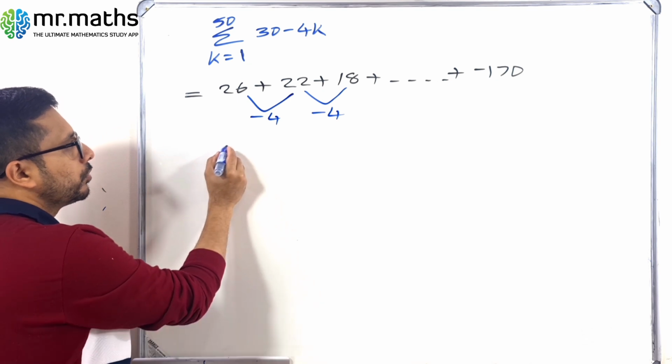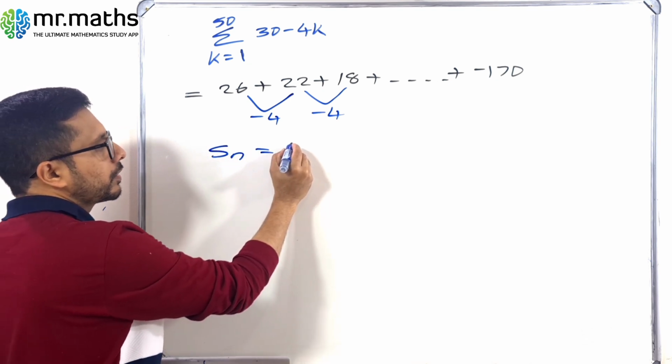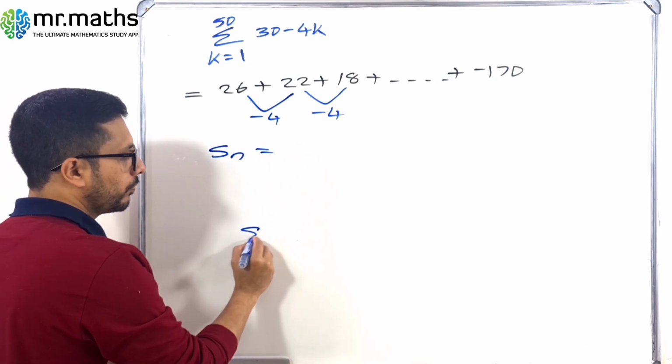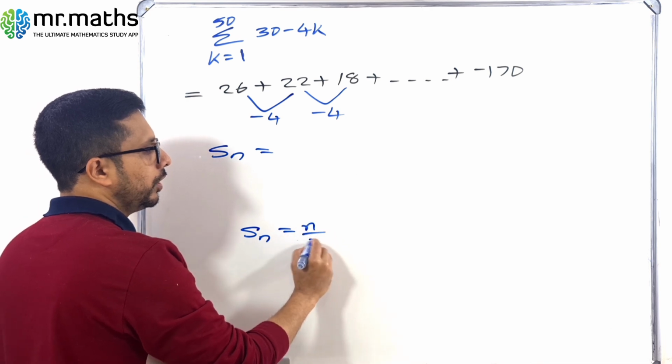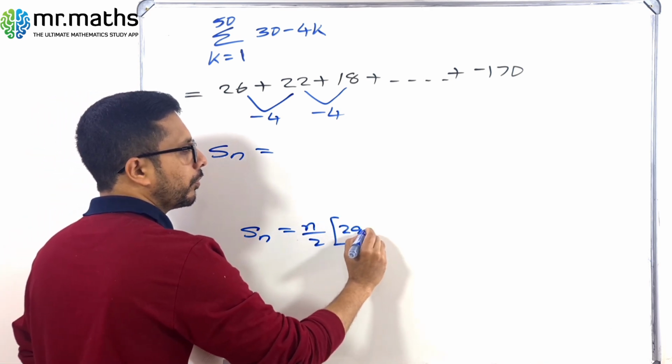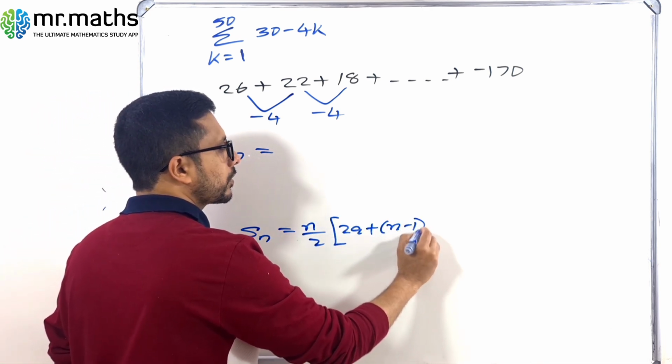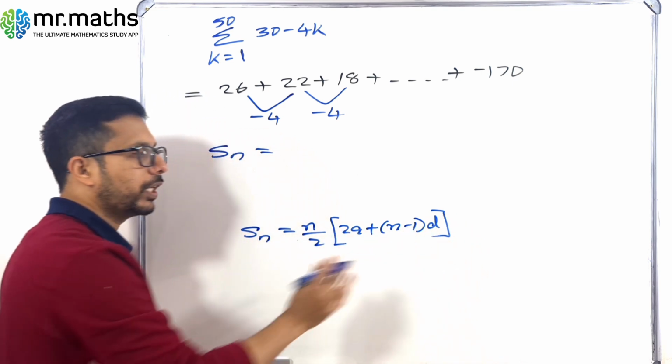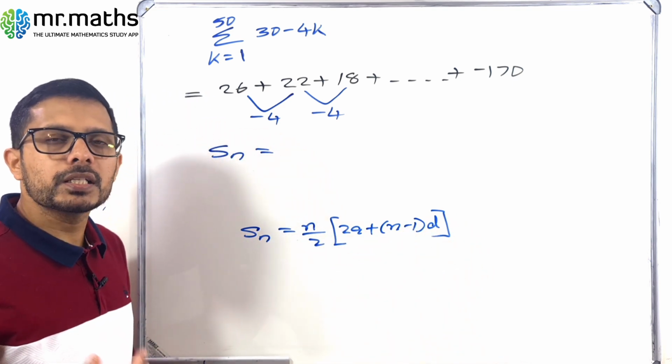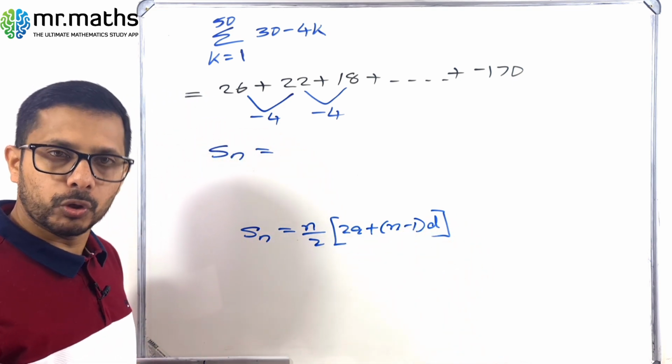So what is the formula to find the sum of an arithmetic sequence? You know two formulas. One formula is Sn is equal to n over 2 into 2a plus n minus 1 into d. Normally we are using this formula. There is another formula to find Sn, both the same thing.